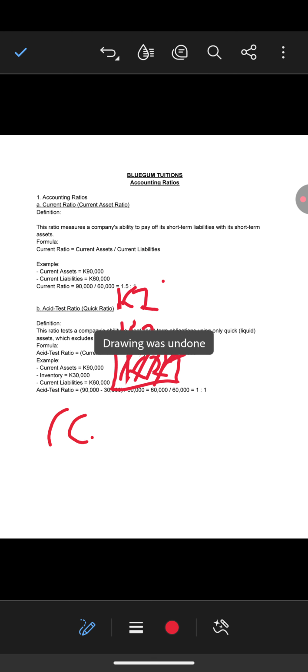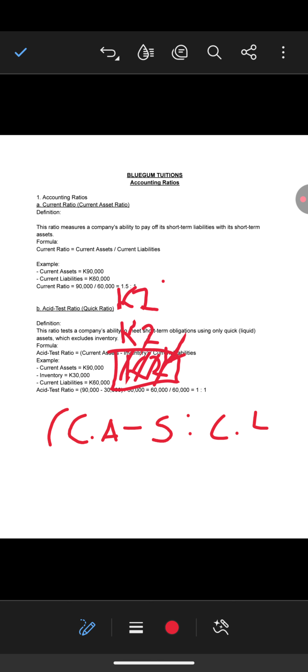I'll use CA, current assets. You remove stock or inventory, then you compare it with current liabilities. Okay, so for example, if your current assets is 20 kwacha, then your stock is 5 kwacha, then your current liabilities is 10 kwacha. So 20 minus 5, it will be 15 to 10.